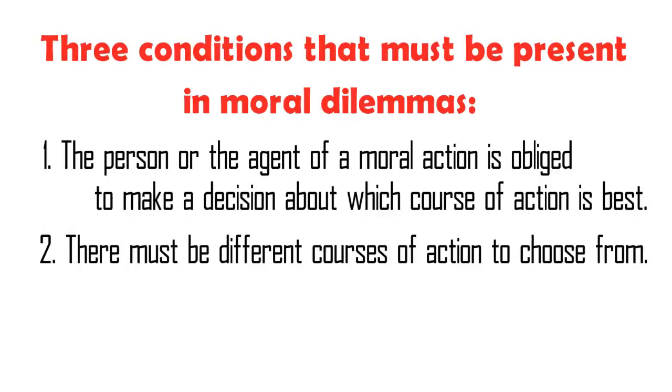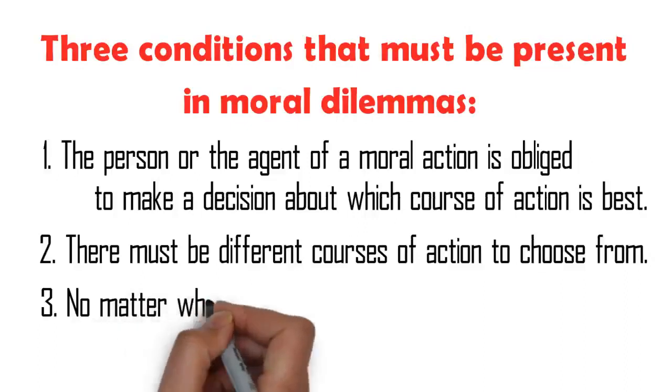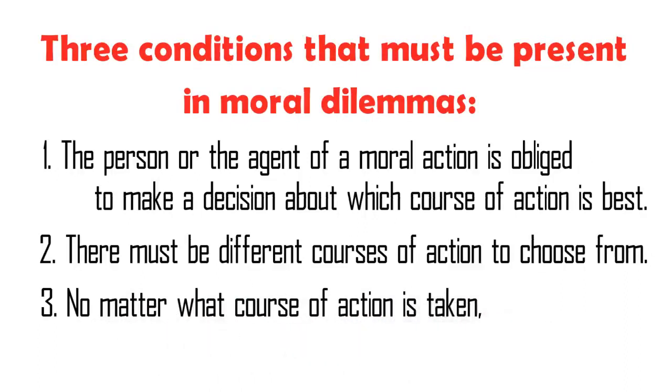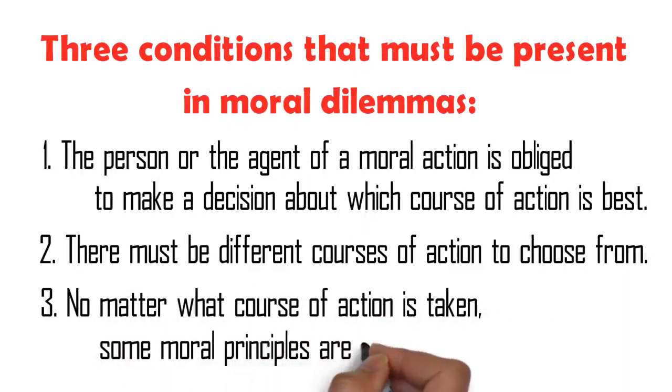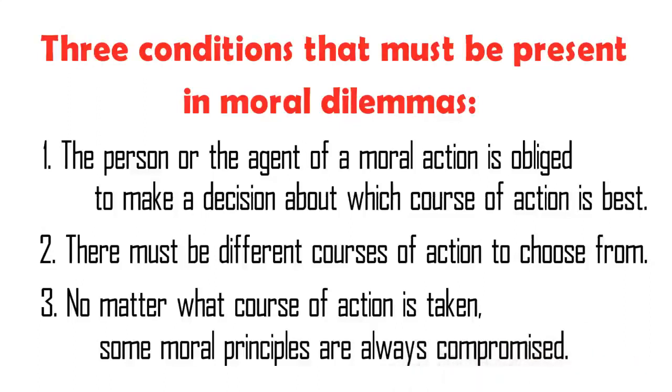Hence, as already pointed out, there must be two or more conflicting options to choose from for moral dilemmas to occur. And third, no matter what course of action is taken, some moral principles are always compromised. This means that, according to Allen, there is no perfect solution to the problem.